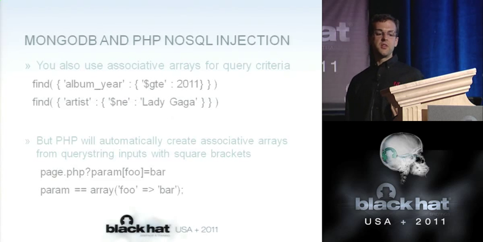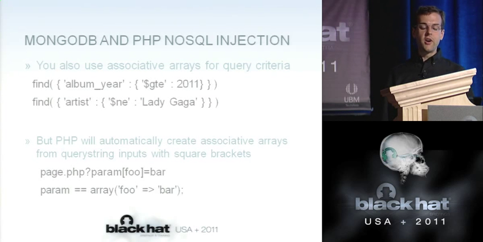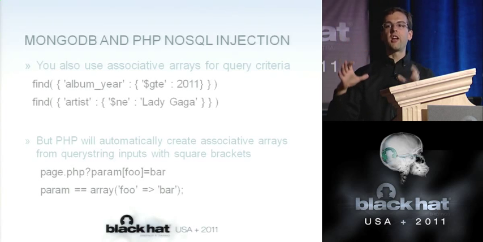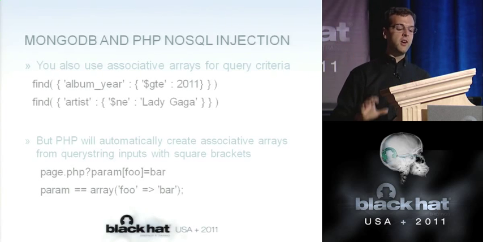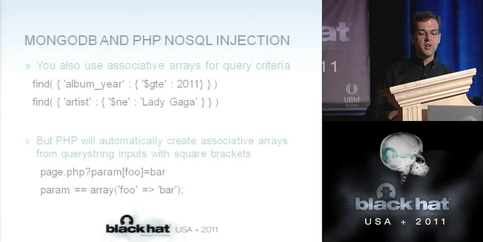You also use associative arrays for query criteria. So instead of just hard-coding, like I want to find artist Amy Winehouse, you can use queries. So I want to find all the albums where the album year is greater than or equal to 2011, so everything that was released this year. Or find me all the albums where the artist is not equal to Lady Gaga. Also cool. So far, so good. But here's the thing.